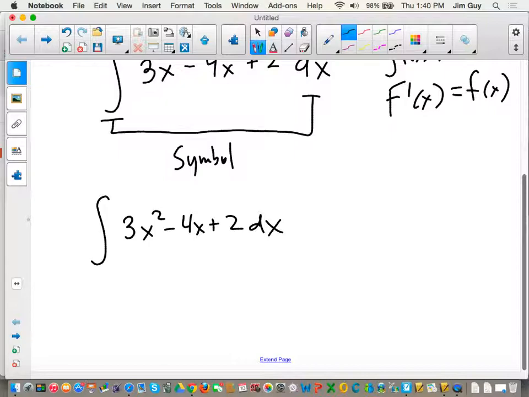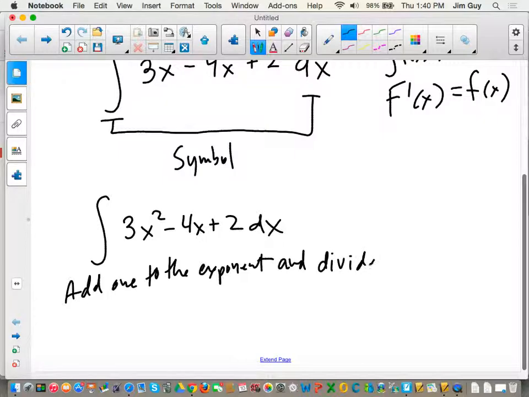Make sure you divide by the new one. I'll write this out for you so you have it down. Add 1 to the exponent, and divide by the new exponent.